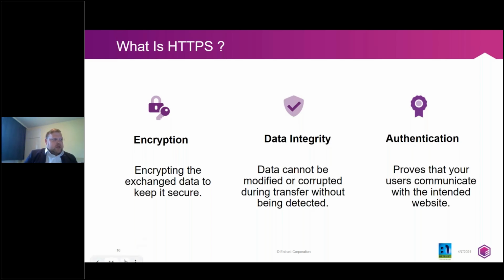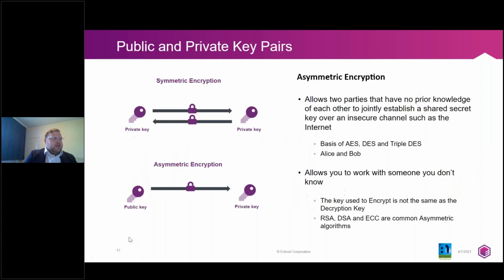So let's talk a little bit about public and private key pairs on the next slide. And I mentioned this briefly earlier, but asymmetric encryption is based on a public and private key pair model, which allows two parties that do not know each other to establish a shared secret key over an insecure communication channel. And a great example of this is the internet.